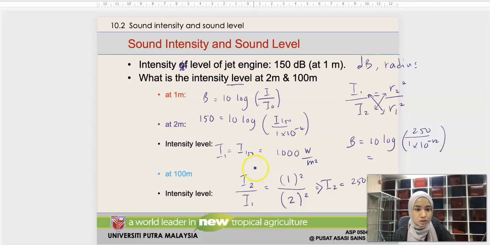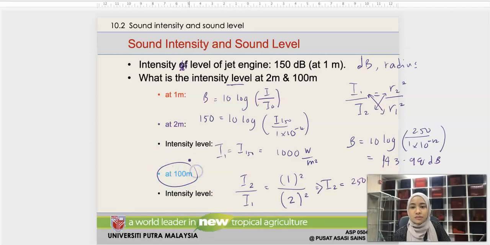So the dB that you should get is 143.98 dB. That's your unit for your intensity level. So the intensity level 2 meters away is 143.98. Okay?